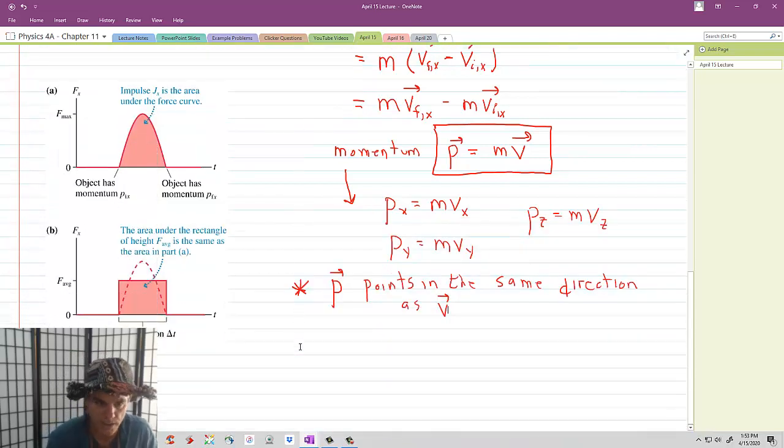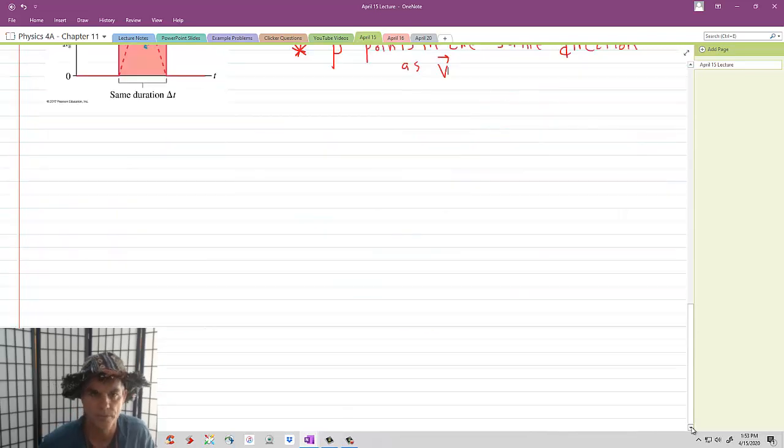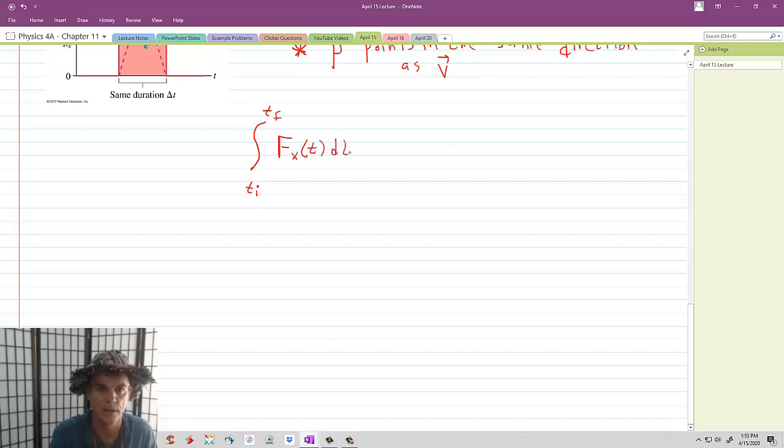So rewriting the left-hand side, we've got the integral from some t initial to t final of fx dt equals my final momentum in the x direction minus my initial momentum in the x direction.